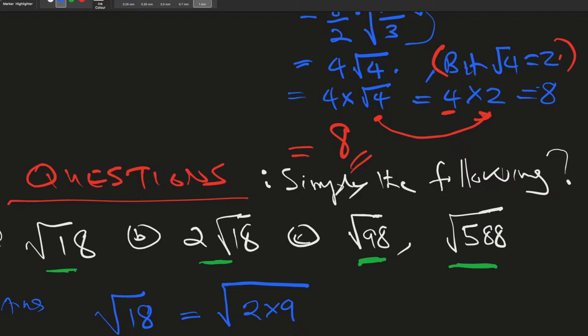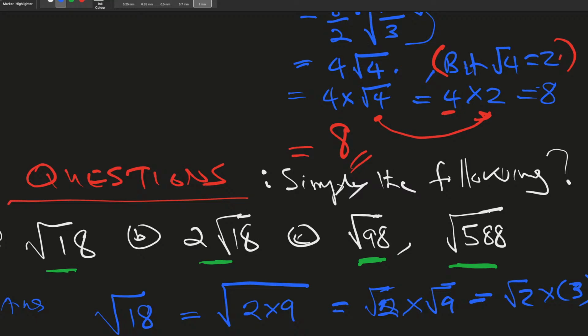And we know that we can further expand this. We can say this is the same as root 2 times root 9. We can find the square root of 9 easily, which is 3. So that means root 2 is multiplying 3.